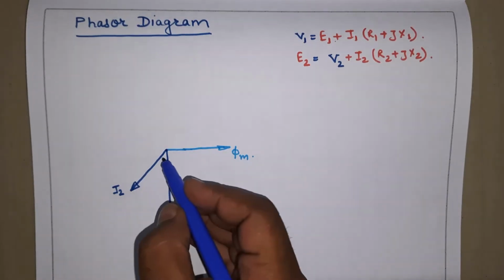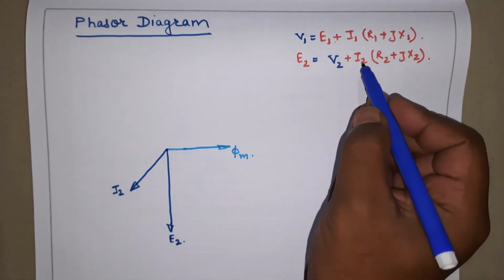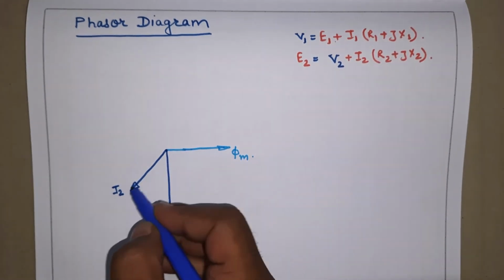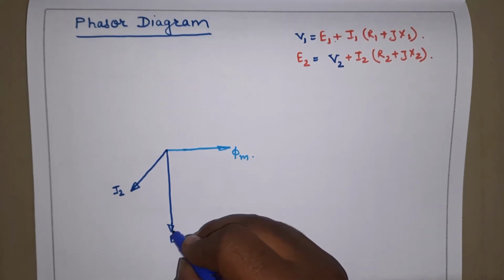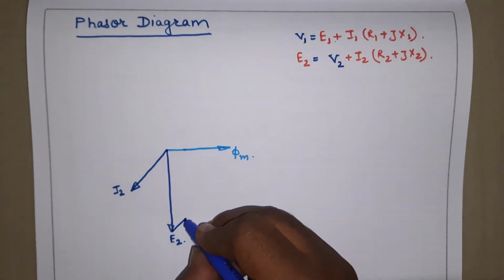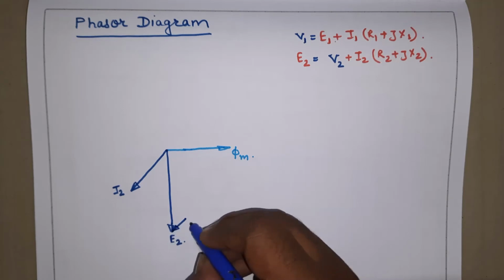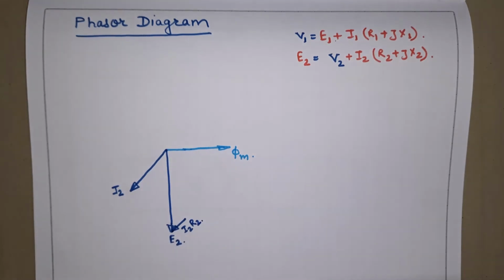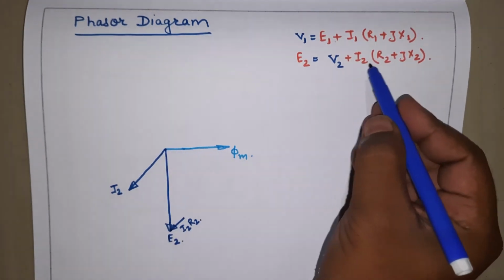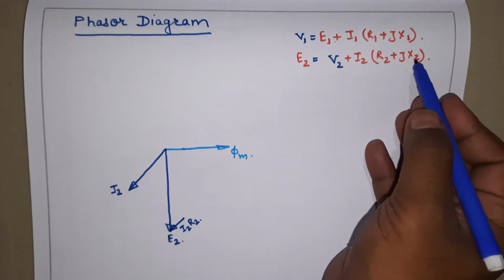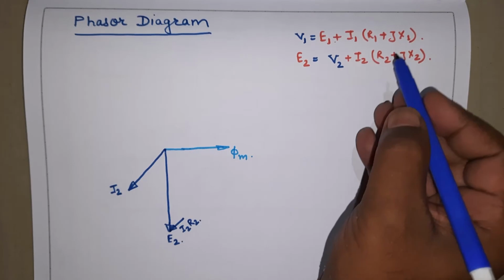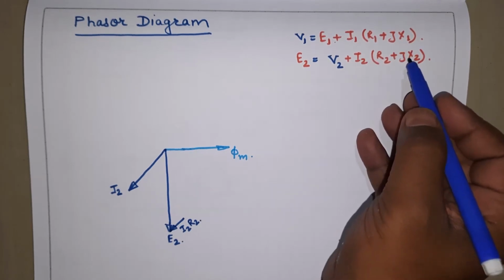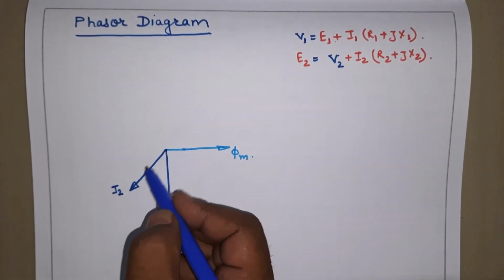Now if this is I2, then I2 R2 will be in phase with I2, so I2 R2 will be in this direction. Now this voltage I2 jX2 will be leading I2 by 90 degrees.